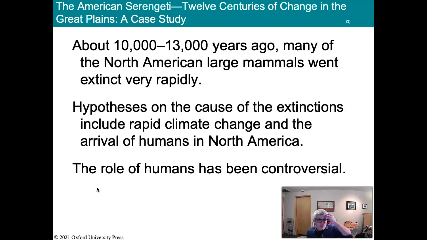The role of humans has been controversial, and a lot of those early arguments were very black and white. It was either climate or it was people. And I'll present some information here that's arguing for a mixture of the two.